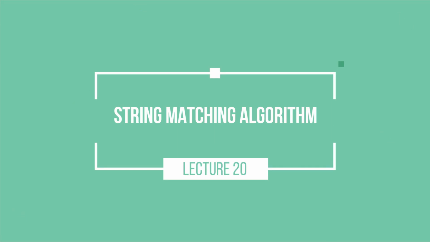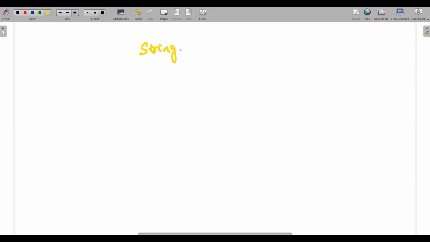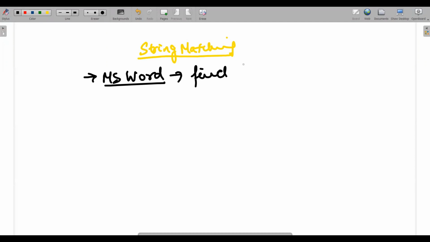In today's video, we will be doing the concept of string matching. Now, what is string matching, why is it required, and what are the applications of string matching? If we take an example of MS Word, if you are opening an MS Word document and you want to find, let's say, ABC, you press Control and F and then find ABC.